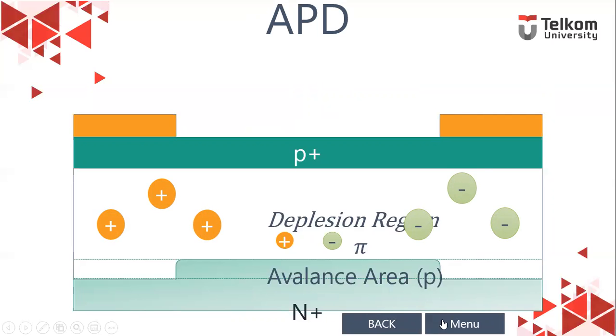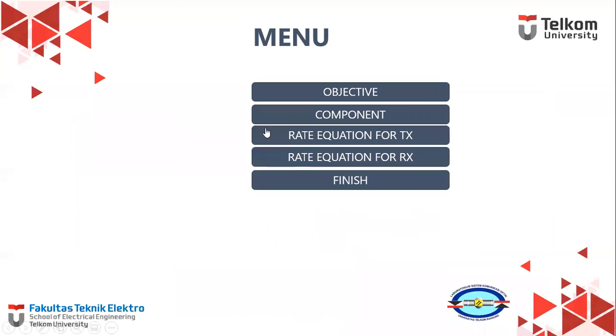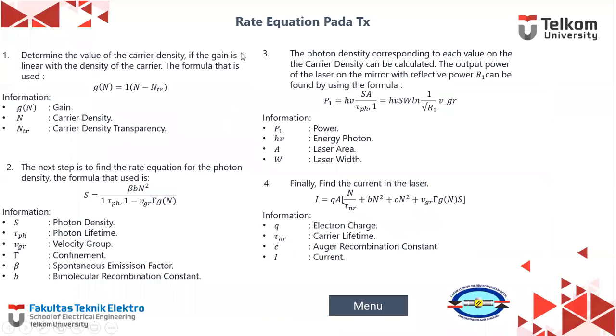Okay, now next we're gonna take a look at the rate equation for Tx. The rate equation for Tx uses a laser source of light. The first equation is to determine the value of the carrier density if the gain is linear with the density of carrier. The formula used will be like this.